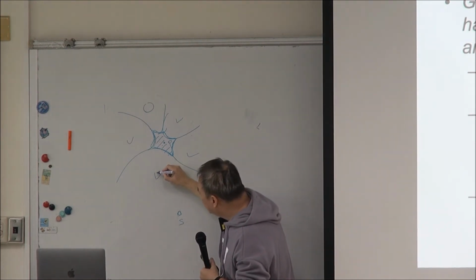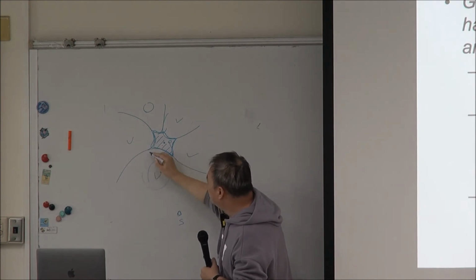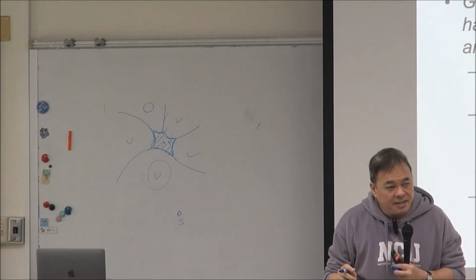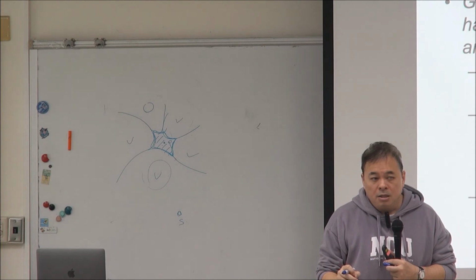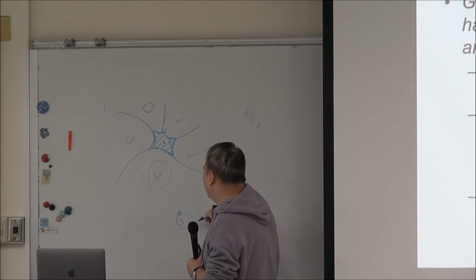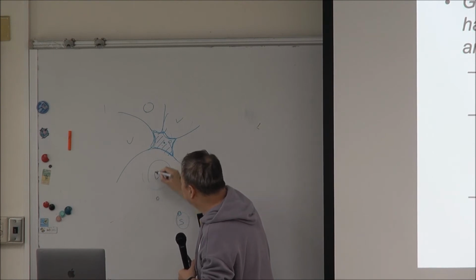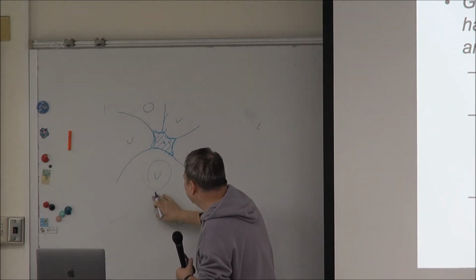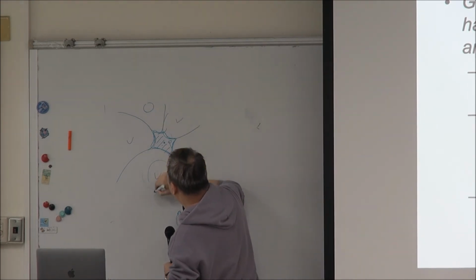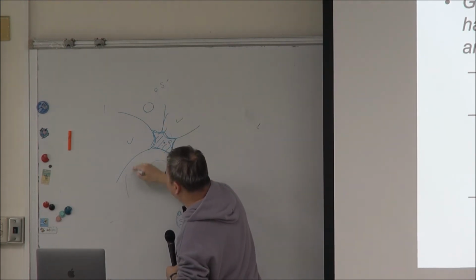If this is a cell for S and P belongs to it, this cell should already include that point, right? So maybe we have another site here that contributes. Let's say this is S prime.